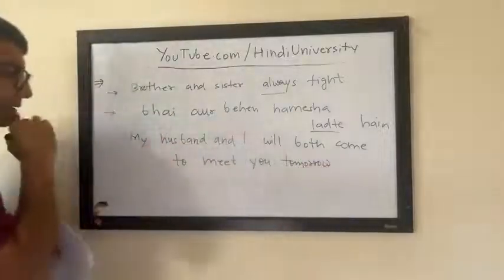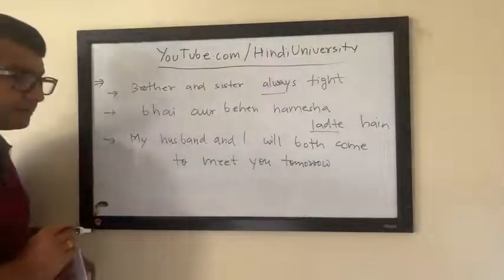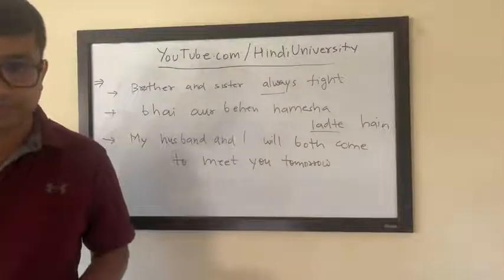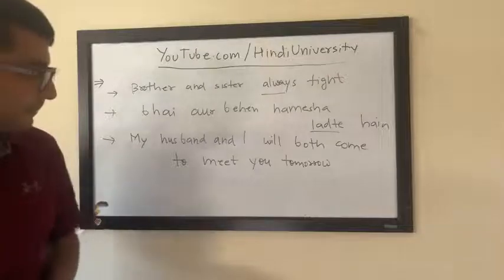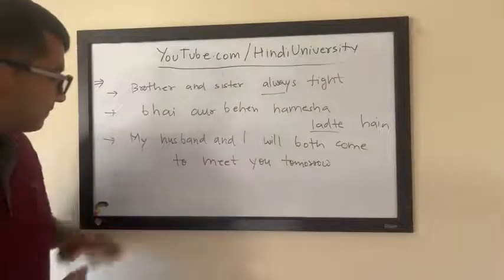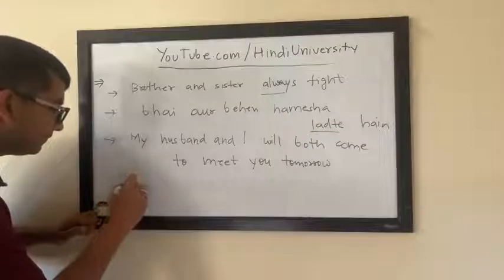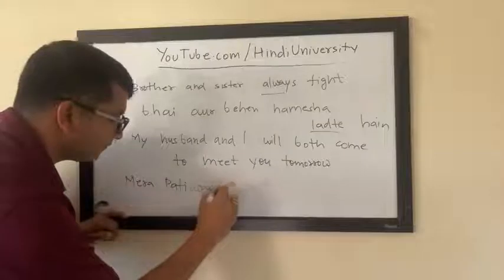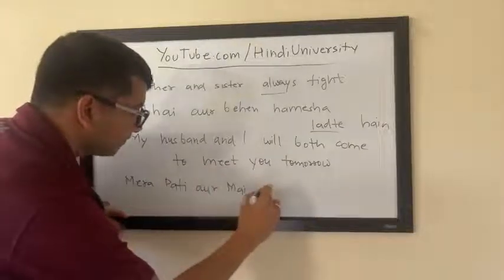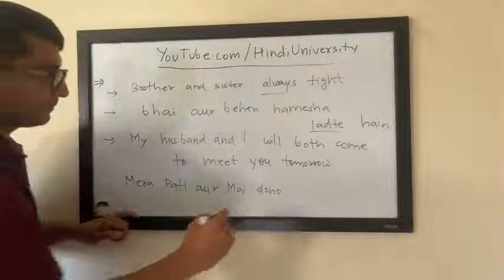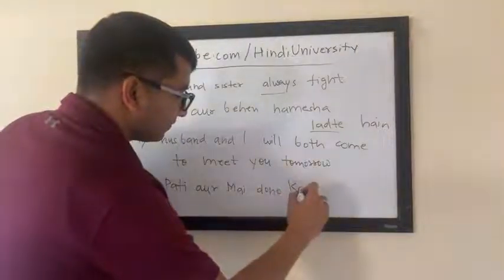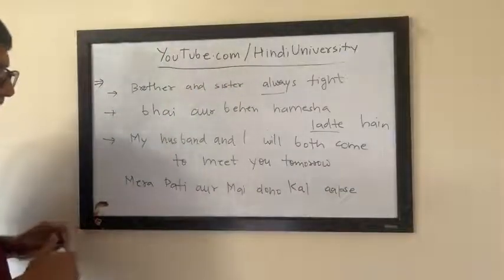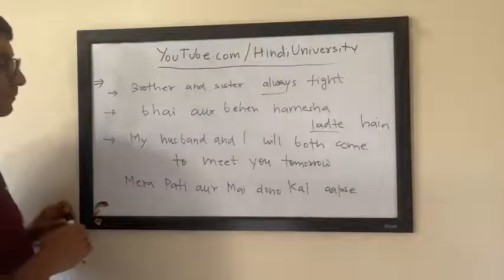As you can tell, in the previous cases I had explicitly present indefinite. This one is future indefinite. Okay? Yeah, Radhika. मेरे पति और मैं दोनों कल आपसे मिलने आएंगे.